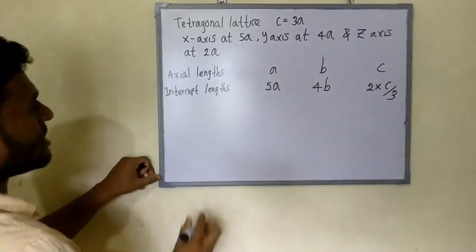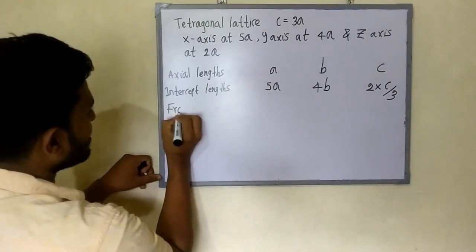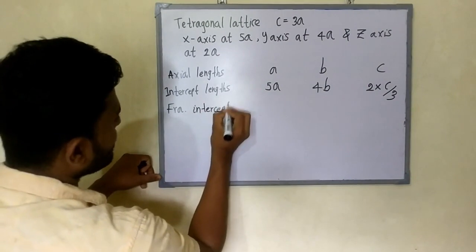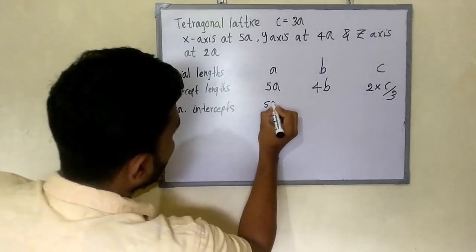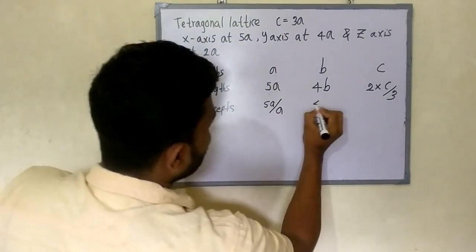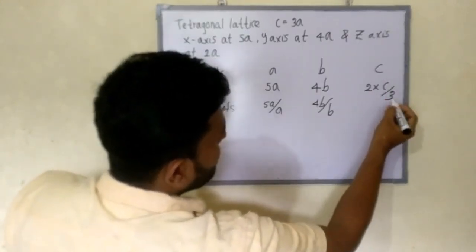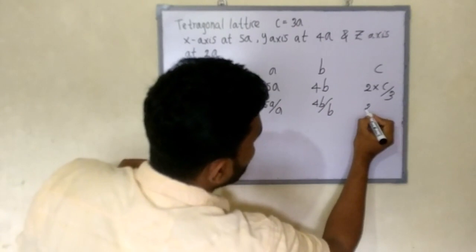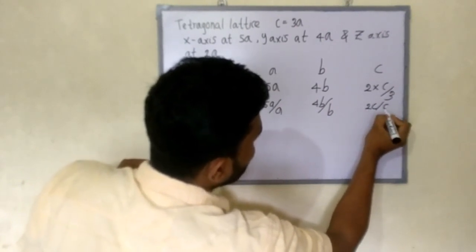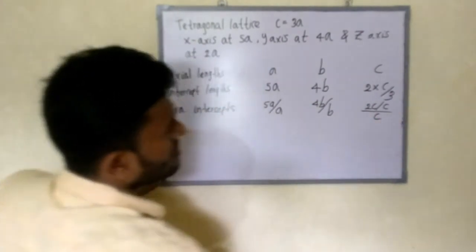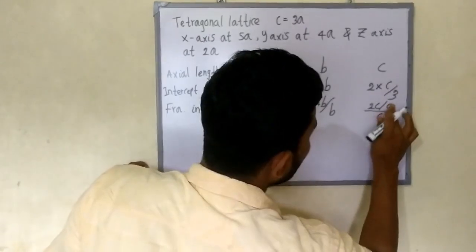Then you can find the fractional intercepts. It is 5a over a, 4b over b, and here 2c over 3 over c.